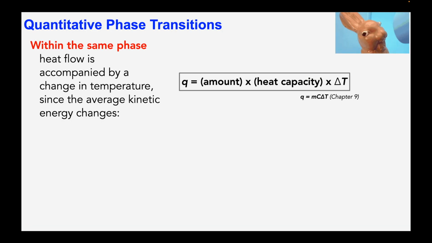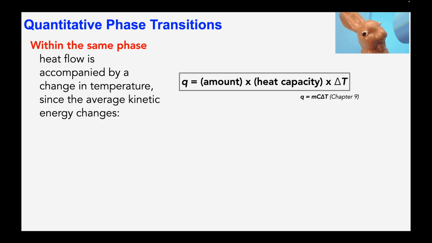So, within the same phase of a substance, you can figure out the energy required by using Q equals mc delta T. And c was the specific heat capacity for the substance. The amount is usually something measured in grams, and delta T will be the final minus the initial change for the substance. So Q equals mc delta T works really well if you keep it in the same phase.